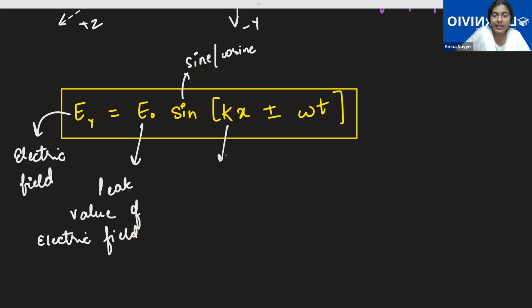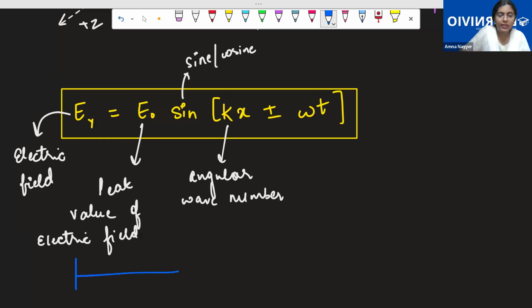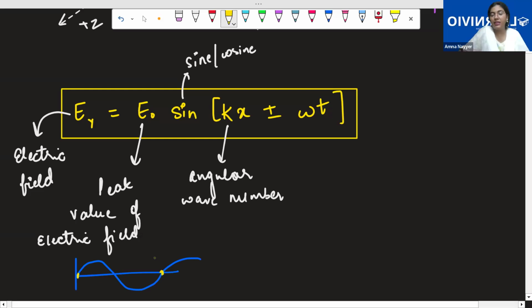Now K. K is basically the angular wave number. Angular wave number means, see class, whenever you have any wave propagating, let's say this is how the wave is propagating. Before the wave starts repeating itself, from this point to this point, this is one wavelength.